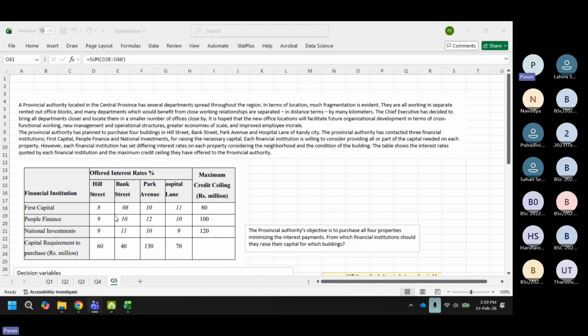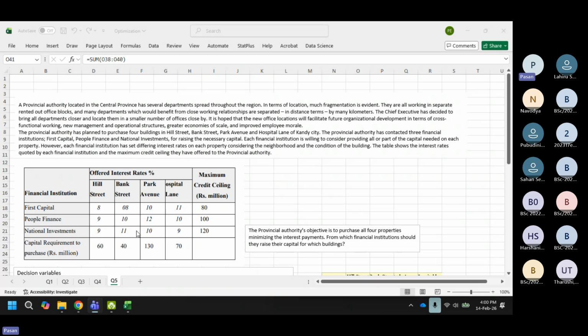And then you can go to People's. This place is giving the lower rates, and this place is giving the highest rates, and we can identify that.